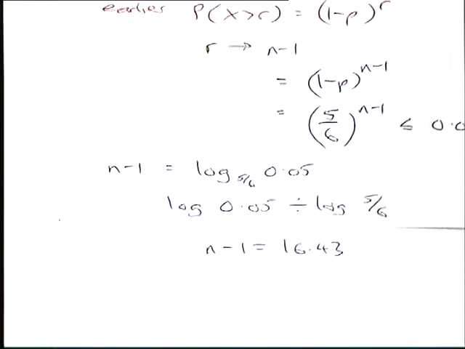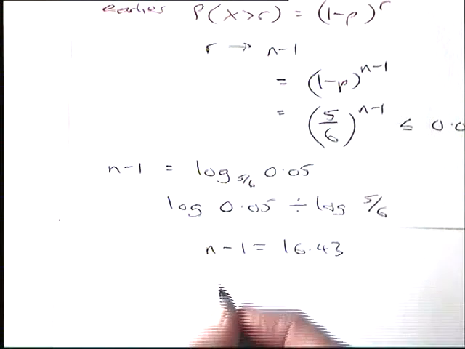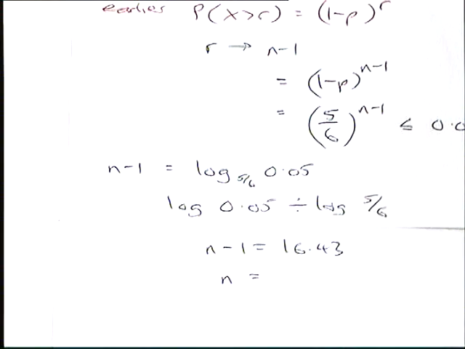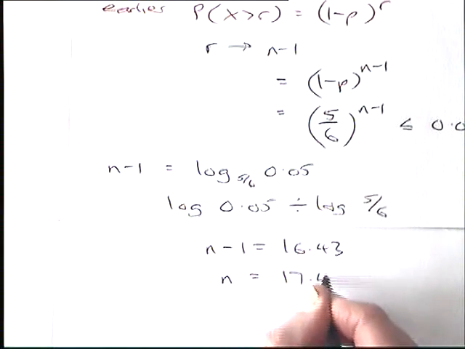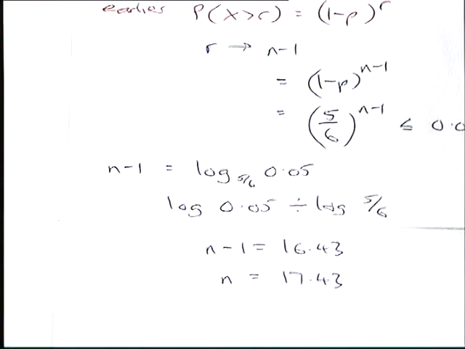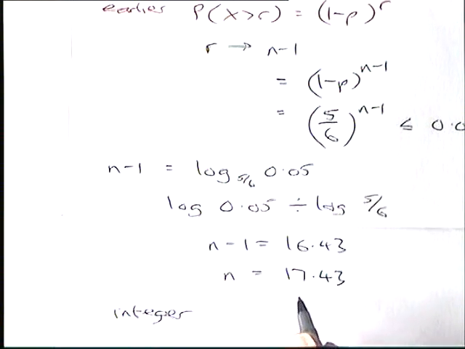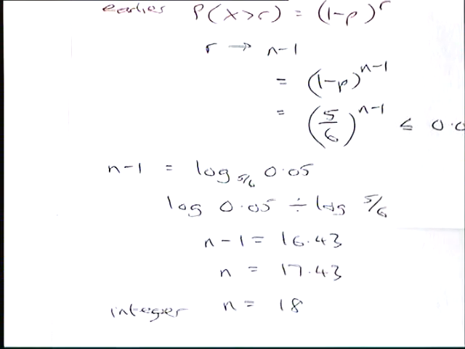So n minus 1 is 16.43, but we're interested in what n is. So it's 17.43. But it's going to have to be 18, because it's a number of throws, so n has to be an integer. 17 isn't big enough, 17.43 would be, so our final answer is n equal to 18.